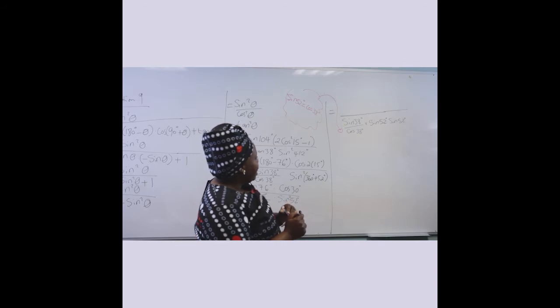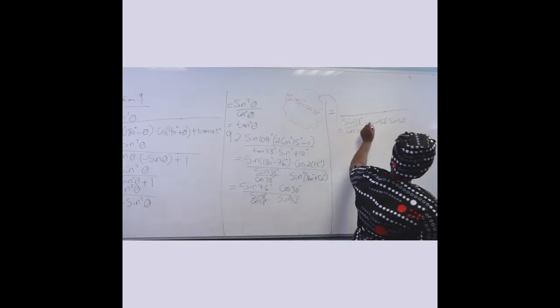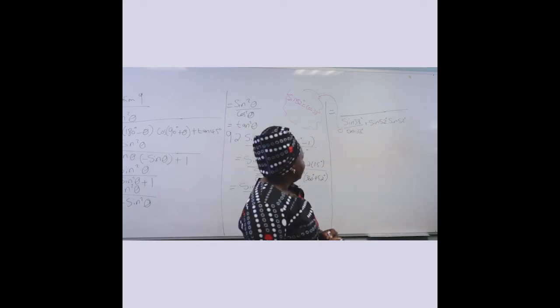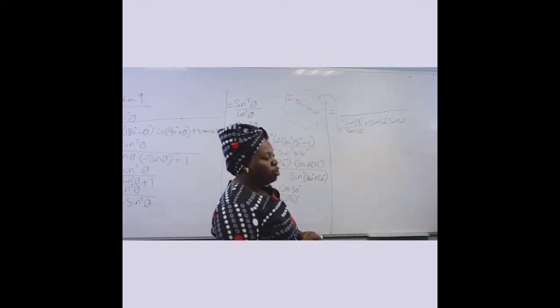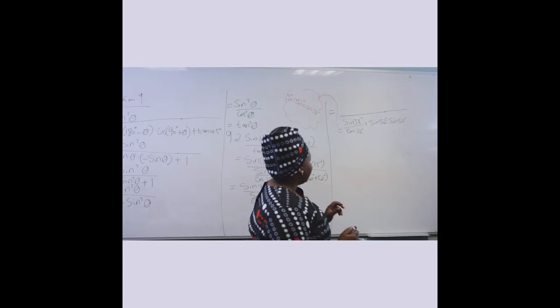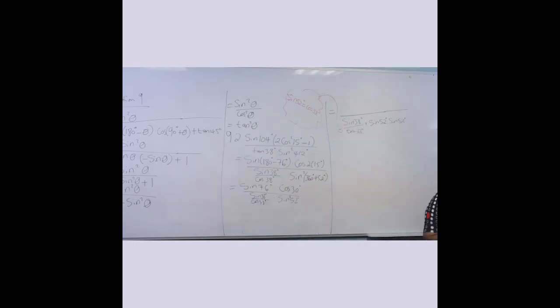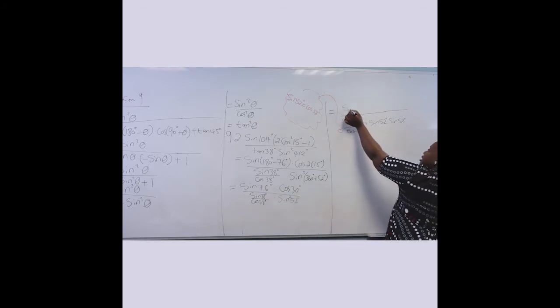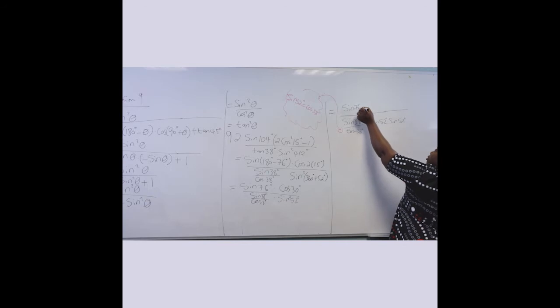It means that sine 52 can now cancel with our cos of 38. And we're left with the sine of 52 times the sine of 38 at the denominator side. We still have the numerator to deal with. The numerator has sine 76, so let's write sine 76 as it is. We will deal with it when we come to it.